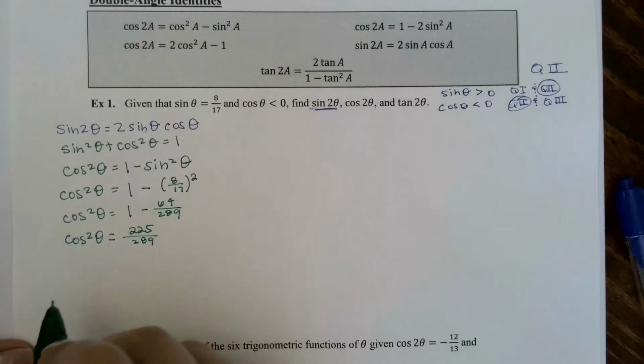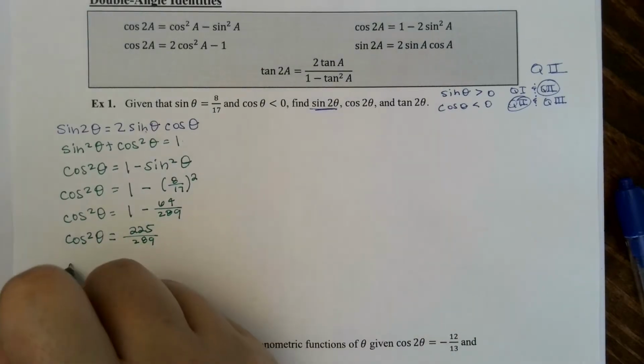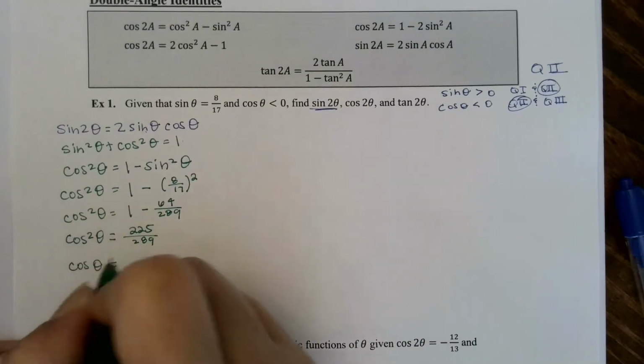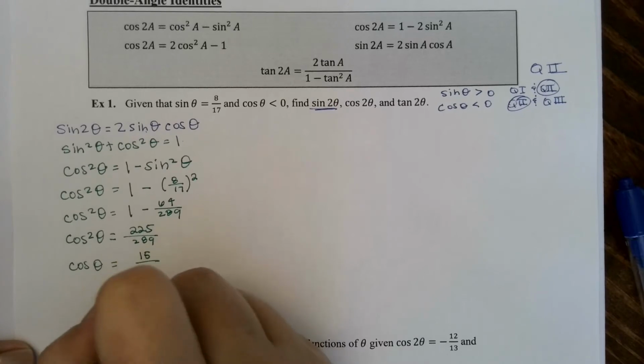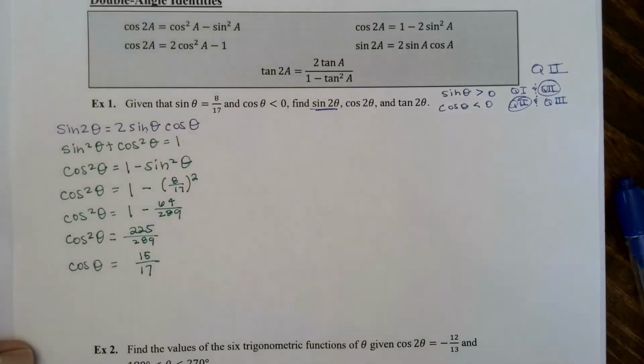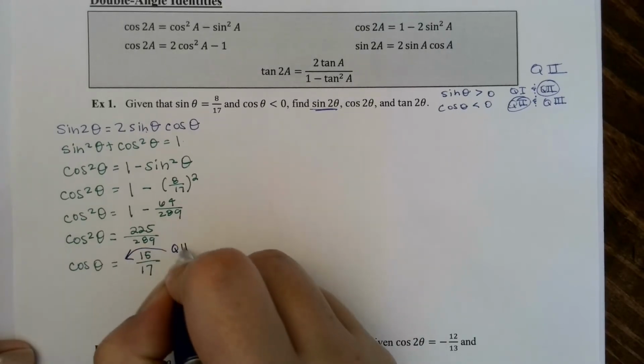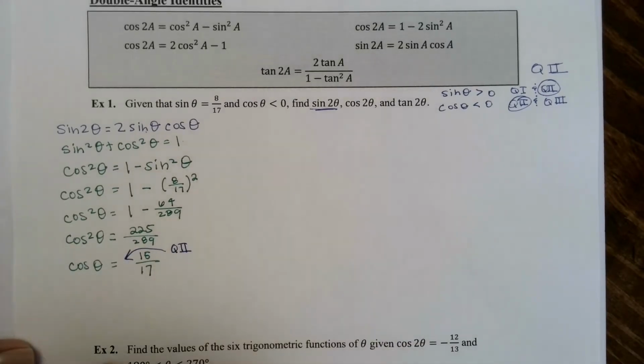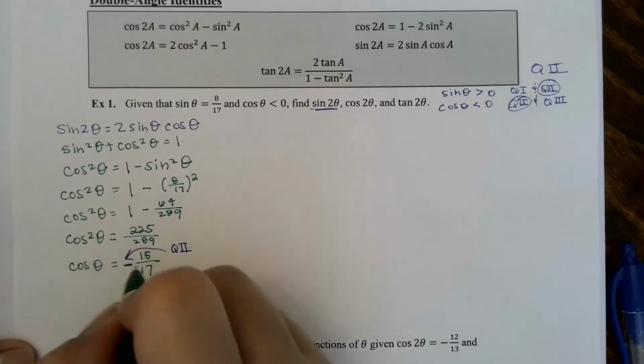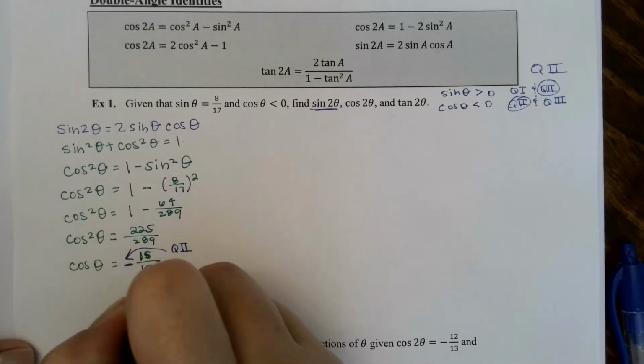Now we need to take the square root of both sides. So we have cosine theta is equal to 15 over 17. Then don't forget that we are in quadrant 2, and cosine theta is negative in quadrant 2. So this is a negative 15 over 17.